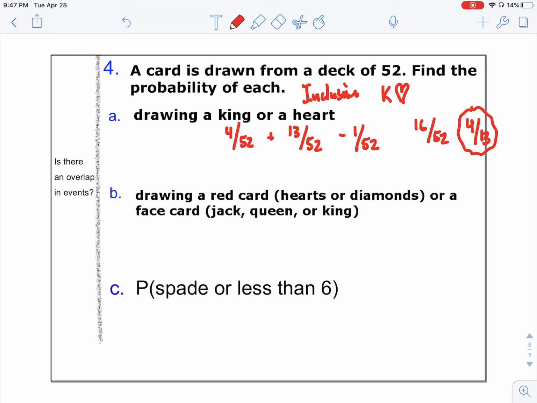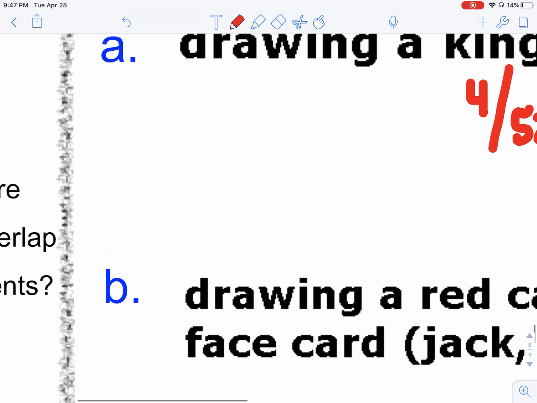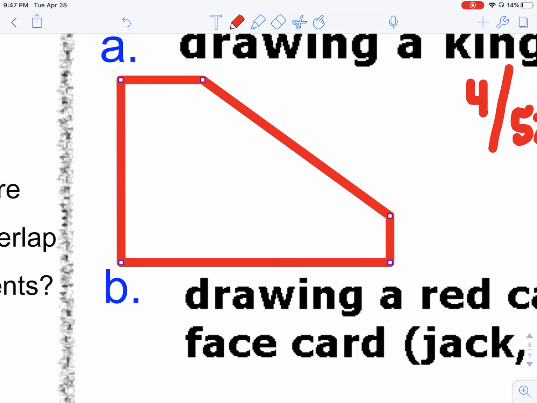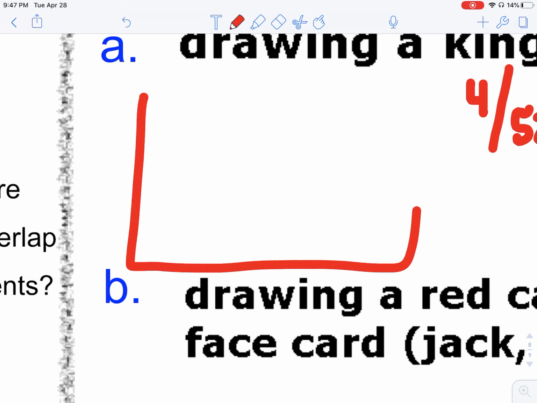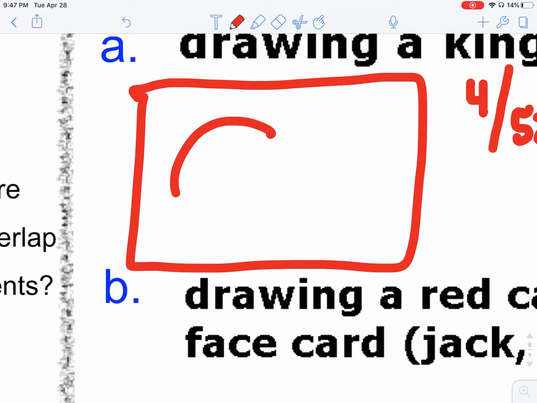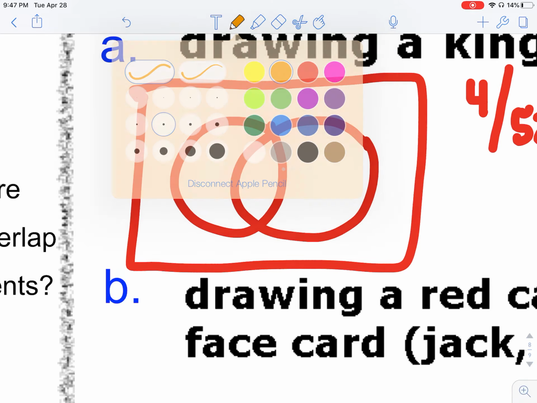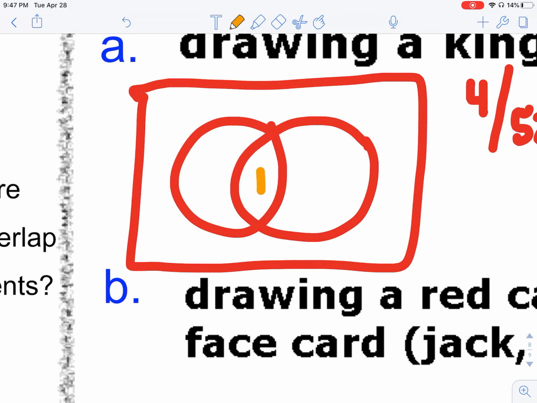Okay. If you drew the picture, let's draw a little picture quick. I'm just going to be sloppy for a second. You got the kings. You got the hearts. They're not mutually exclusive, so there's one King of Hearts that is in the overlap. And there's 3 kings that are not hearts.